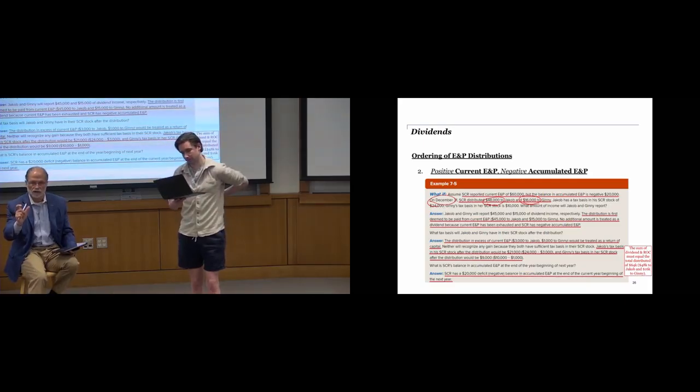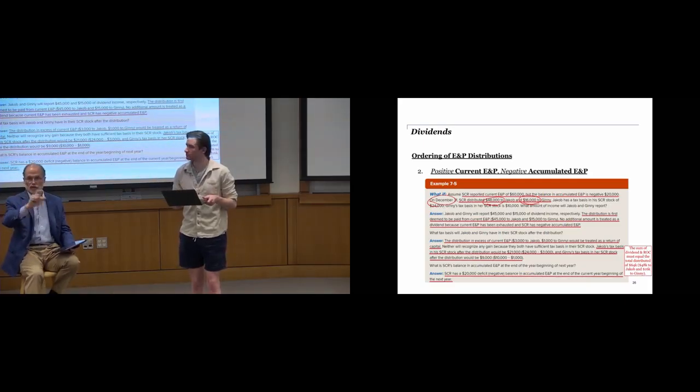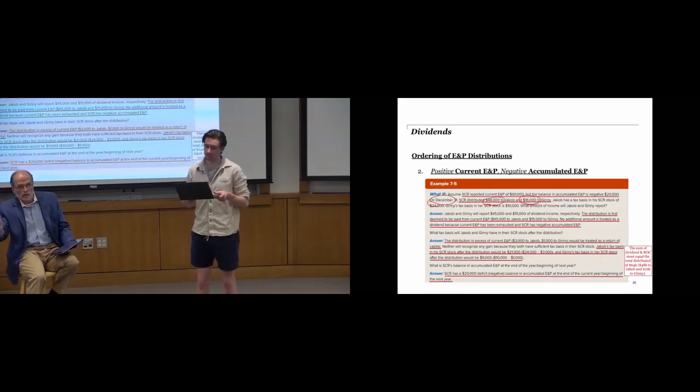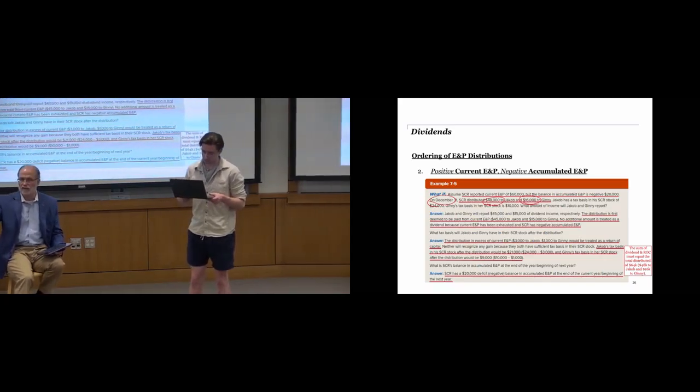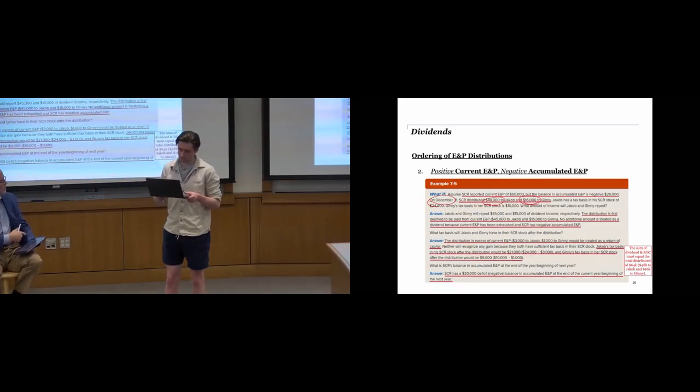And the next, you've exhausted current E&P, no accumulated E&P because it's negative. Then you go to return of capital. Does he have sufficient basis? Yes, but he has to reduce his basis.